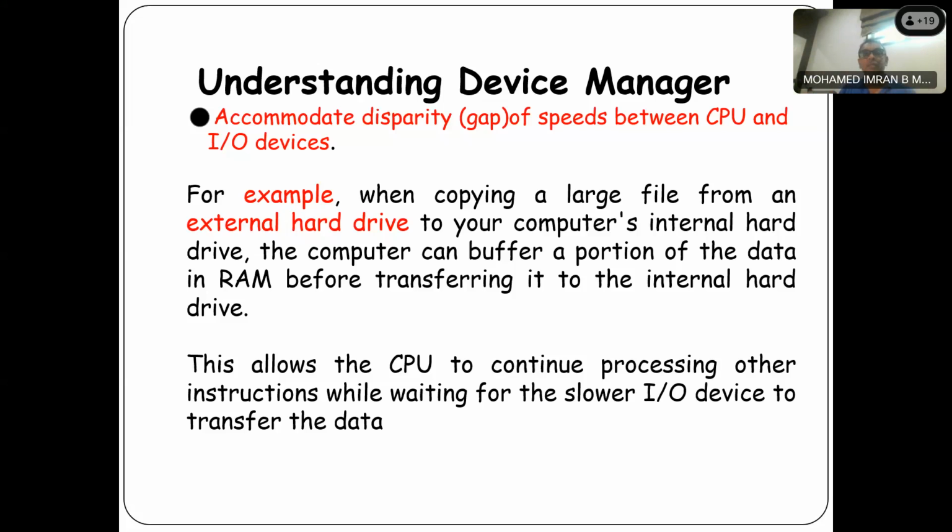I don't have to wait for everyone to submit. I can just continue doing something else while you submit the assignment on my table. And once it's submitted, only then I take everything and process it. The place where you put all the assignments, let's say it's in a box, is called a buffer. And this buffer sits inside the device driver. So that is one of the main reasons why you need a device driver.